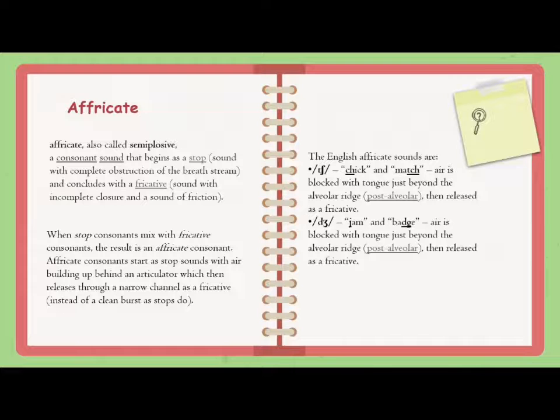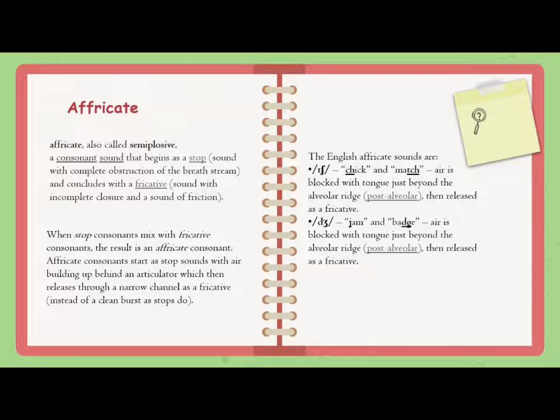The next part is affricate. Affricate, also called semi-plosive, is a consonant sound that begins as a stop, a sound with complete obstruction of the breath stream, and concludes with a fricative, a sound with incomplete closure and a sound of friction.